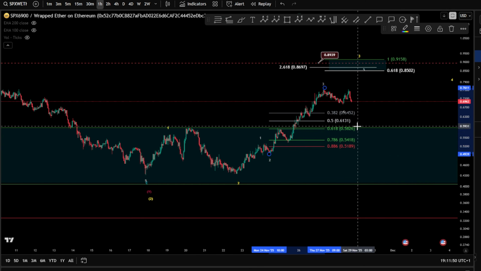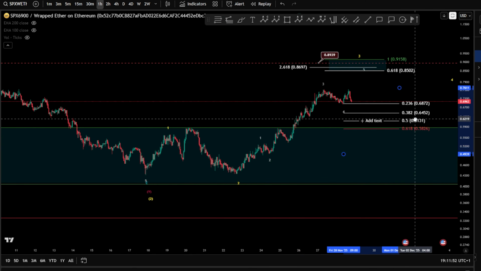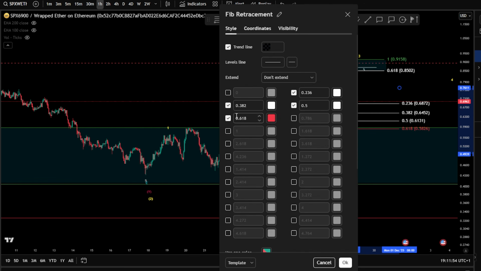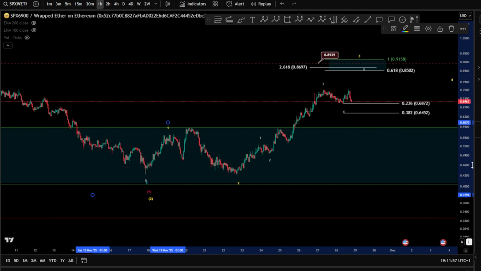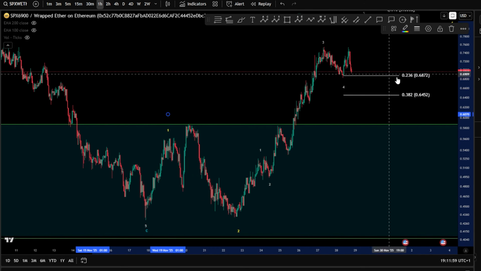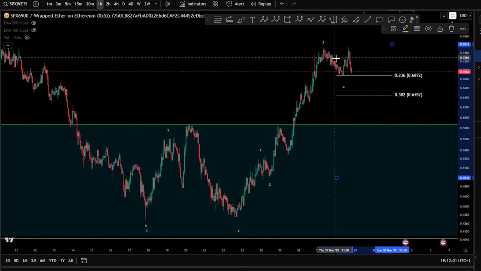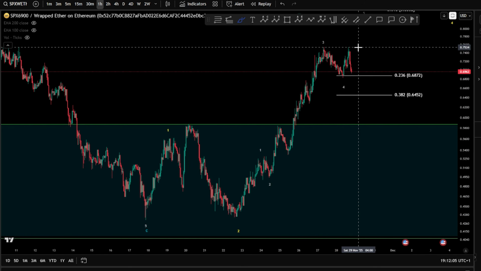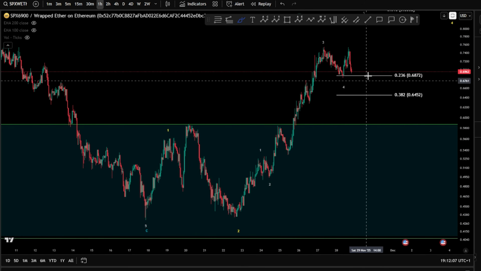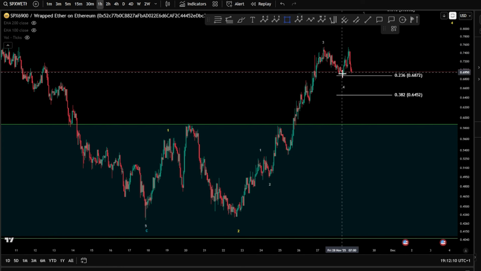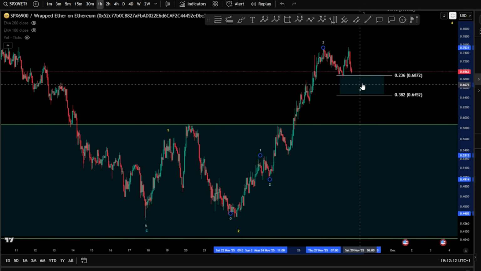in this case wave 4, we have reached the 0.23, but unfortunately we reach it only as a potential diagonal as well. So it can still be an A, B, and a C unfolding here. I'm still looking for one more low, probably inside this blue zone for this wave 4.